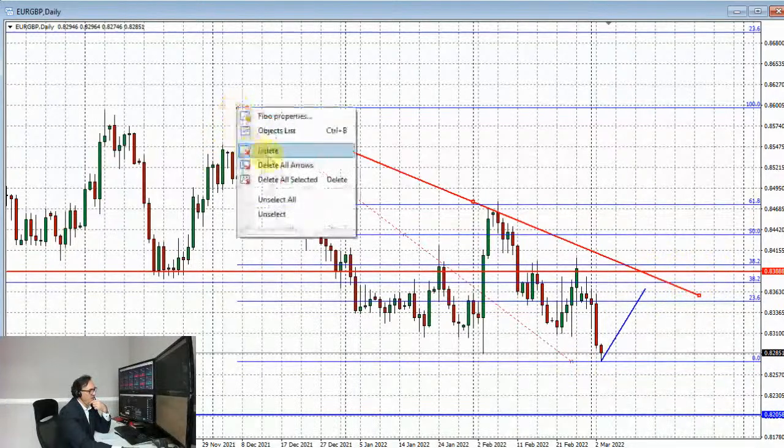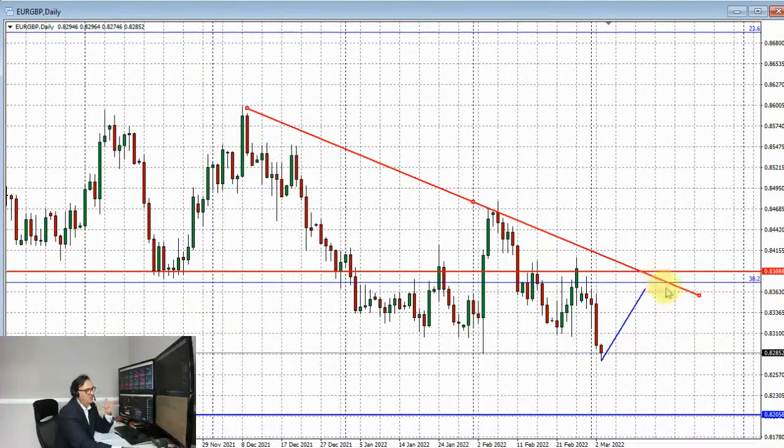So you suddenly have 3, 4, 5 different reasons why this is a good level. And then all I would do is mark it as a level of interest for me, and I would look to place either a limit order there or a pending order.